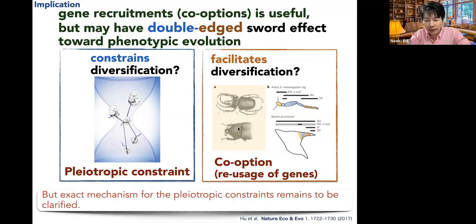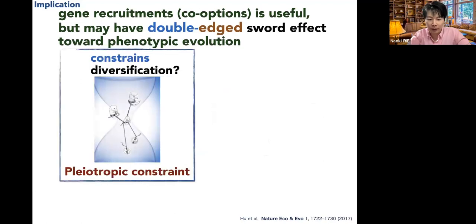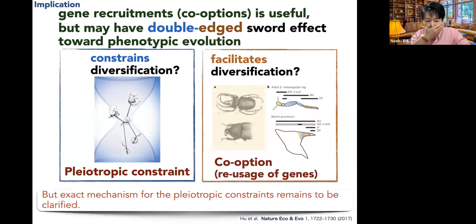I'm not trying to deny this, but I would like to say that reusage of genes has a double-edged sword effect. The exact mechanism for pleiotropic constraints remains to be clarified, because what we found is not conservation of the gene or genomic sequence itself, but conservation in expression level. So there are more questions to solve to really say that reusage of genes leads to evolutionary conservation.